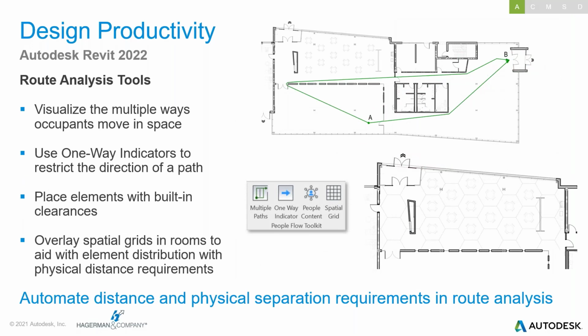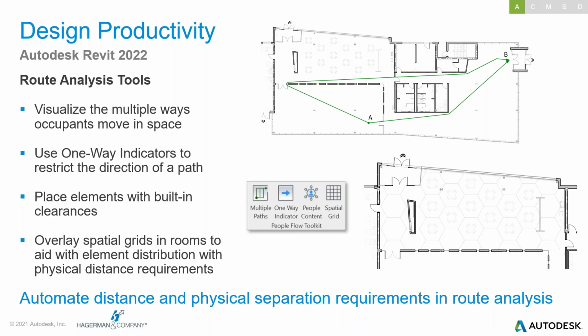So this is another one that builds on a recently added feature. In Revit 2022, the People Flow Toolkit technology preview has been incorporated into Revit. 4 new tools are provided under Route Analysis panel on the Analyze tab, so that you can automate, visualize, and analyze the routes within a model to understand the impacts of physical distancing within the context of the design project.